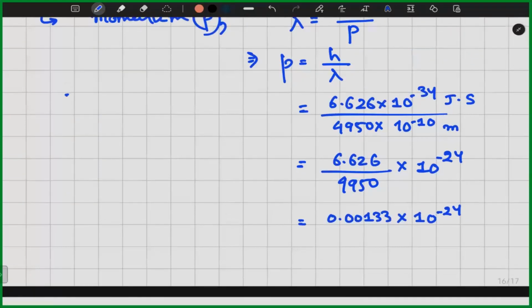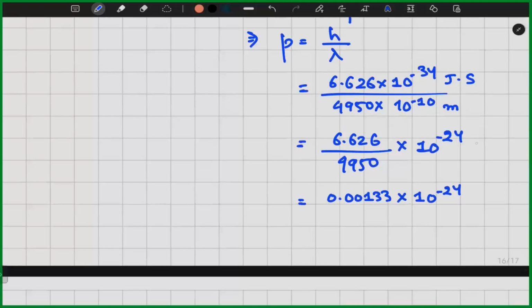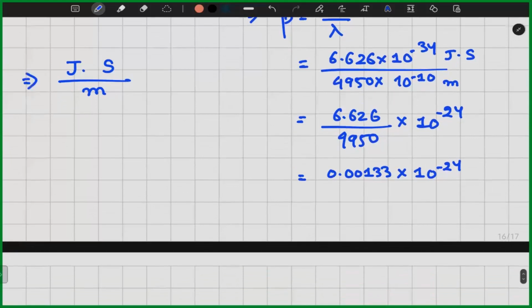But what will be the unit? It is joule second divided by meter. Joule means kg meter square. Here is the meter, so now the meter is cancelled. Obviously the momentum is mass into velocity. So let me do the unit part.